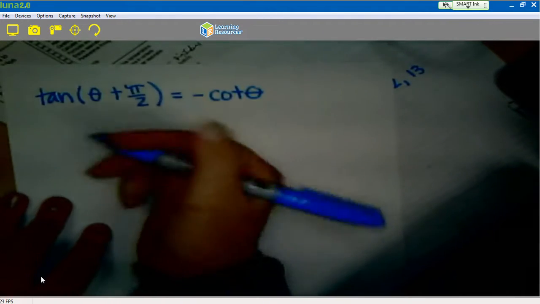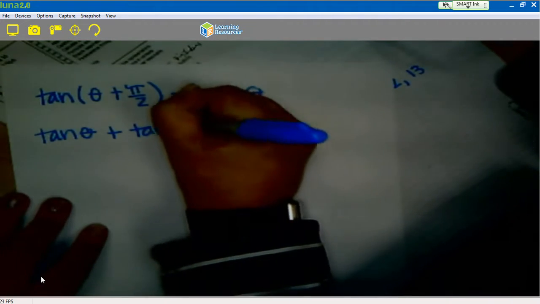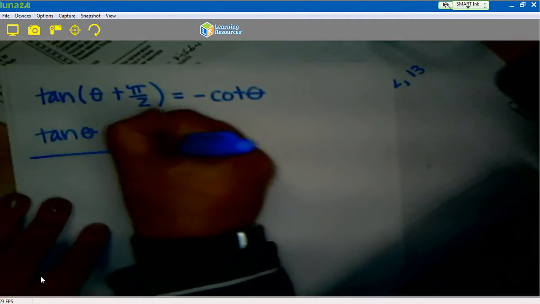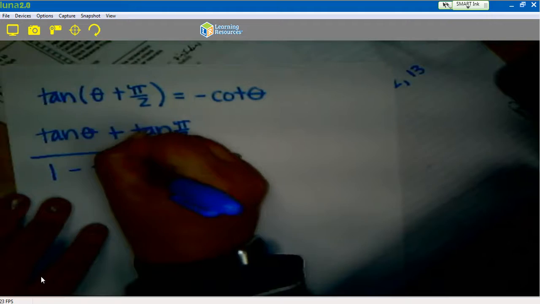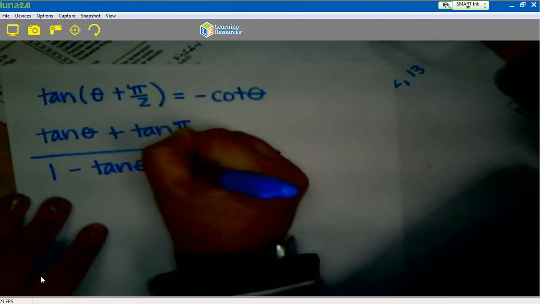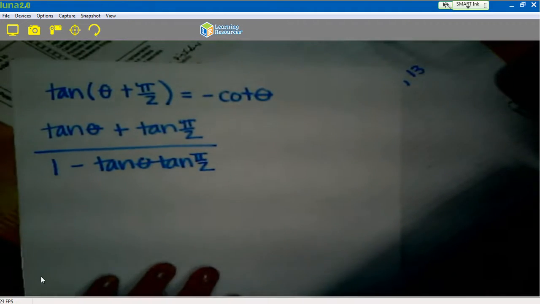So if we were to expand this out, don't write this down, we would have tangent of theta plus the tangent of pi over 2 all over 1 minus tangent theta tangent pi over 2.